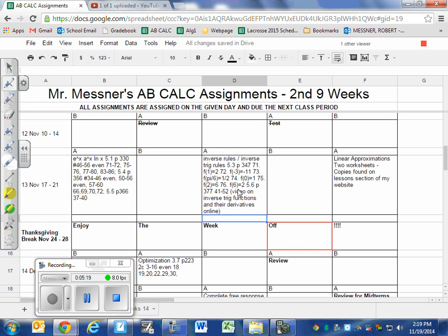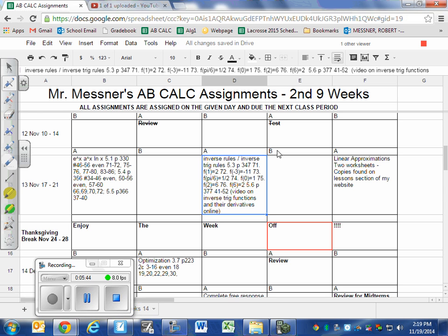Actually, let's look at the homework. We have some time. So 41 through 52. I guess they do have an arcsecant in there. You just have to think of arcsecant as being 1 over arc cosine. I believe that's correct. No. Skip that problem.